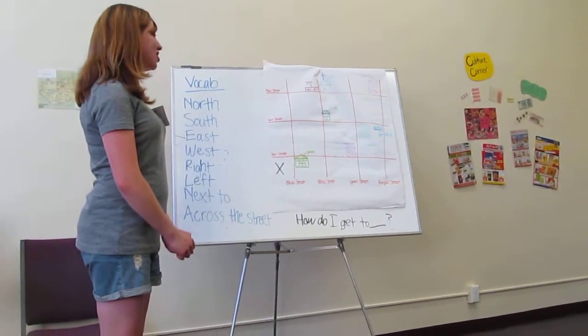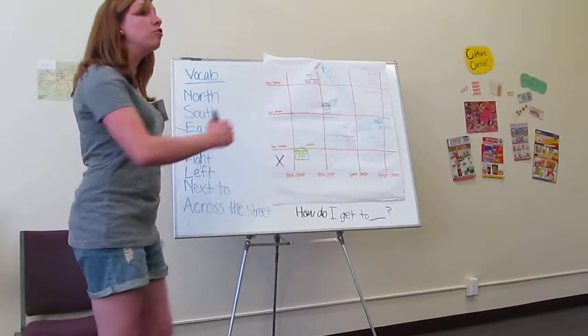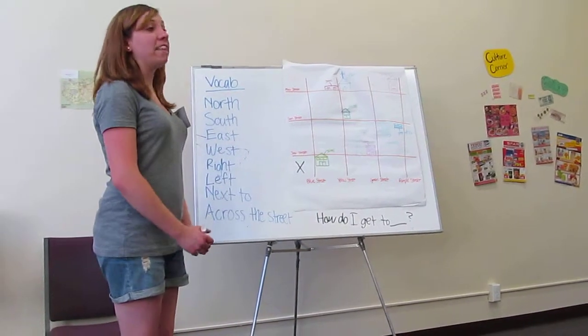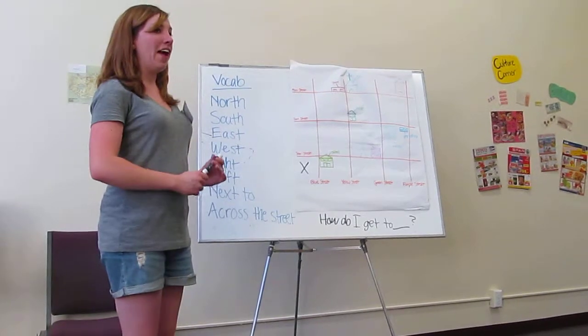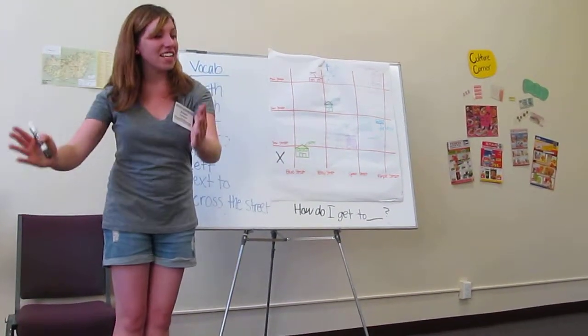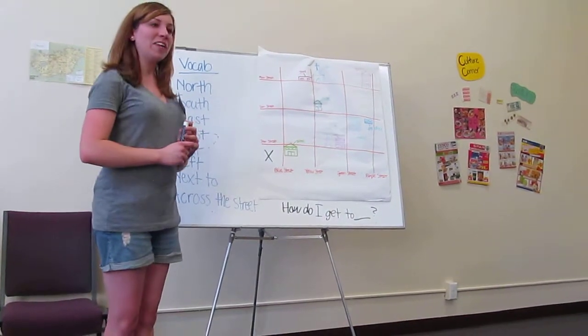Go east on Star Street, cross Yellow Street, remember, cross the street, and stop at the tree. The tree is next to the bank. Can you say that? The tree is next to the bank. Very good.